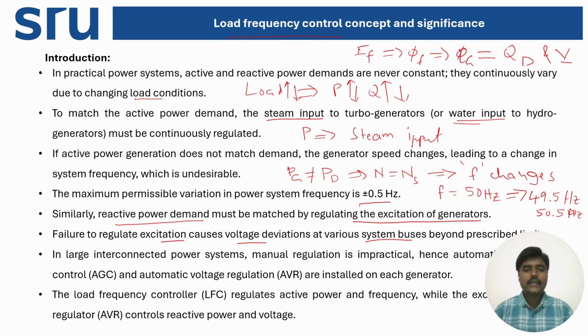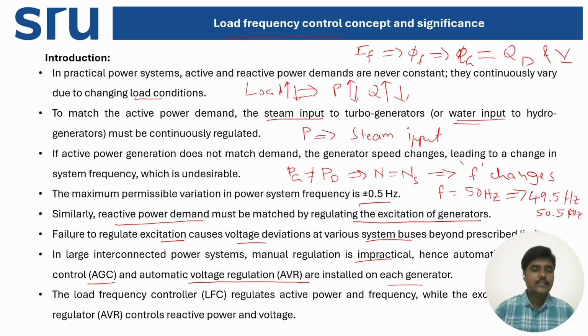In large interconnected power systems, manual regulation is impractical. Every time, it is not easy for us to monitor active and reactive power and change the steam input, water input, or excitation of the generator. Hence, automatic generation control, called AGC, and automatic voltage regulation, AVR, are installed on each generator.